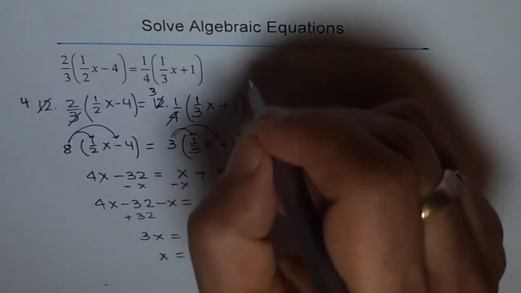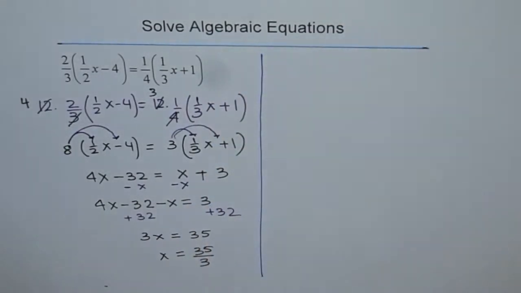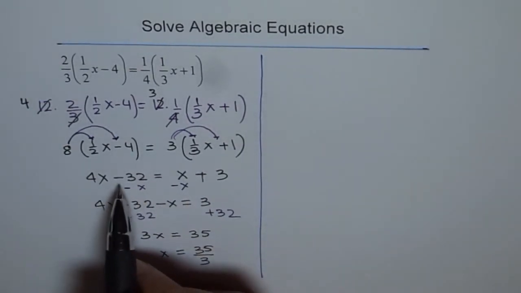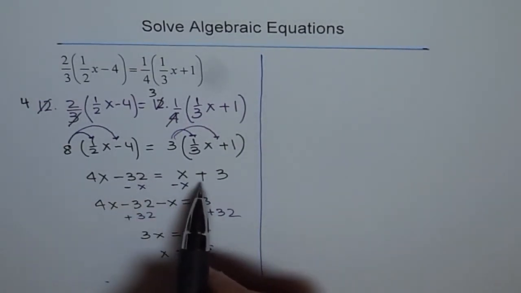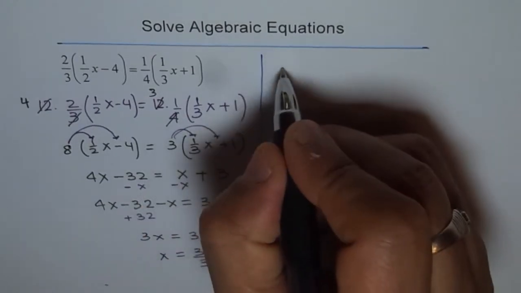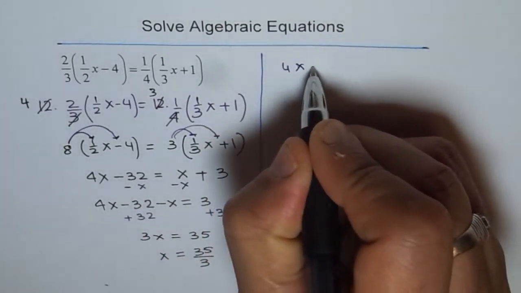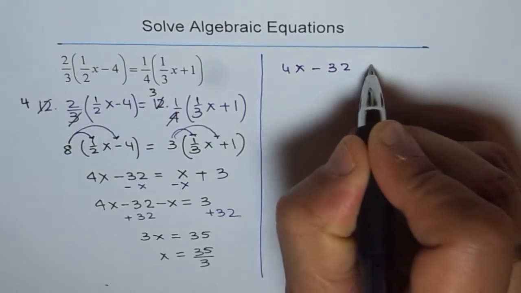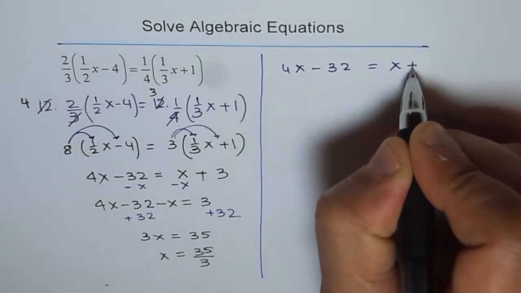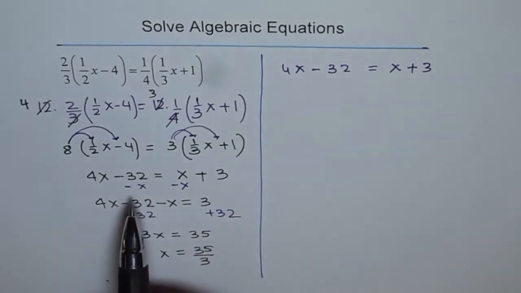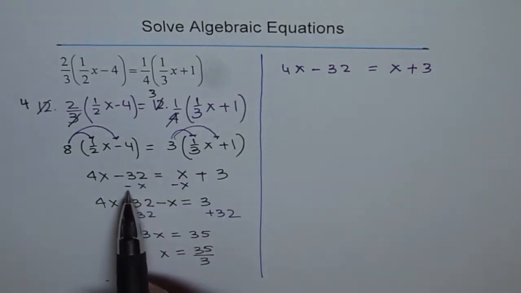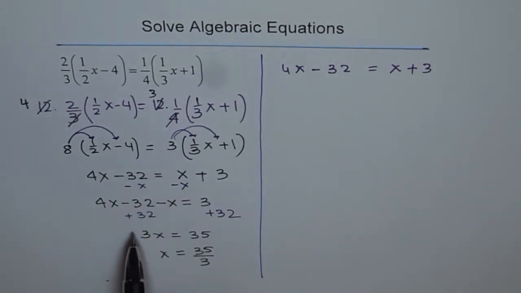Now I will show you an alternate way, because some of my students are doing it differently. I'll solve from here 4x minus 32 equals to x plus 3 in a different way, right? So here I have shown you what I'm doing, right? I'm taking away x and then adding 32.